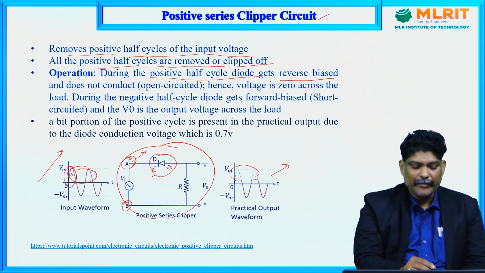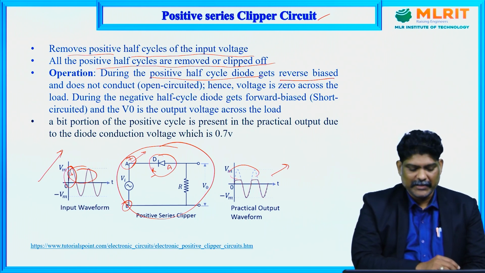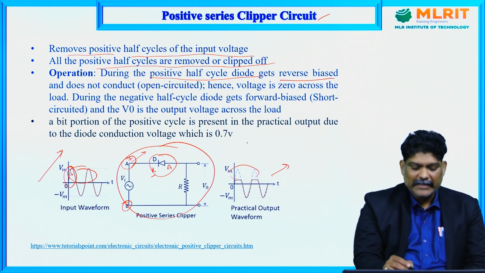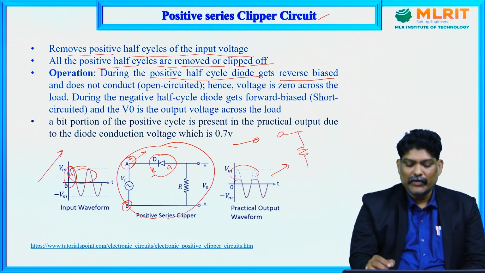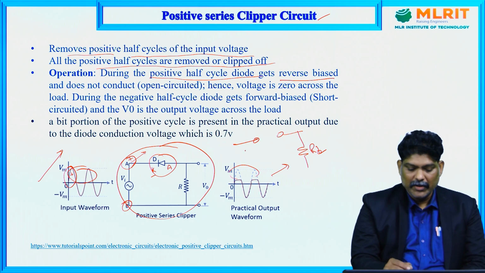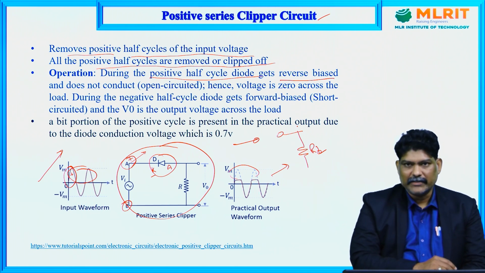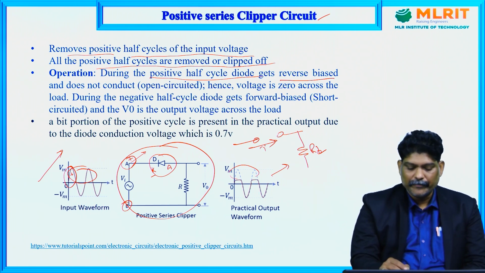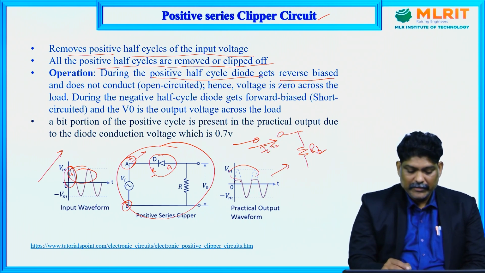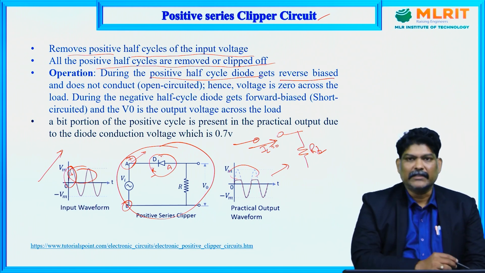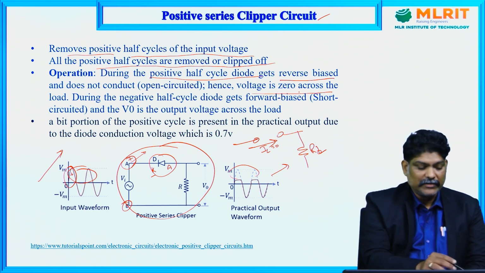In such a case, the diode is said to be in reverse bias condition, and in reverse bias it acts like an open circuit. Therefore the output voltage across the load resistor will be 0, because nothing comes out to the load resistor. No current flows through the diode, IL is equal to 0. So during the positive half cycle, because the diode gets reverse biased, the voltage across the load is 0.